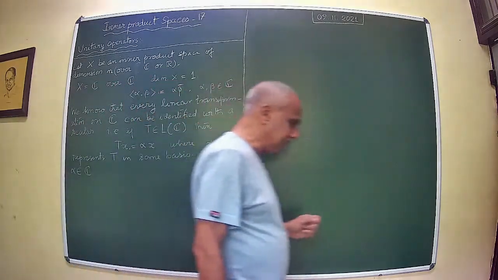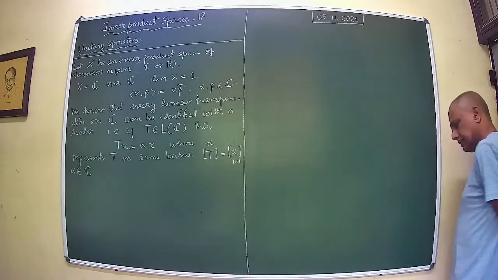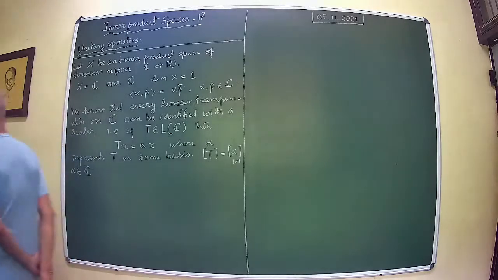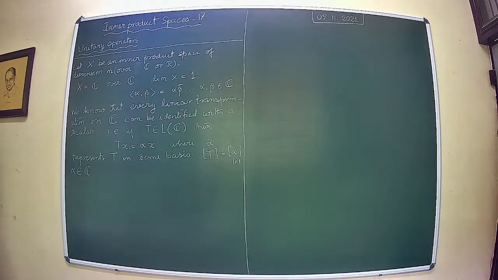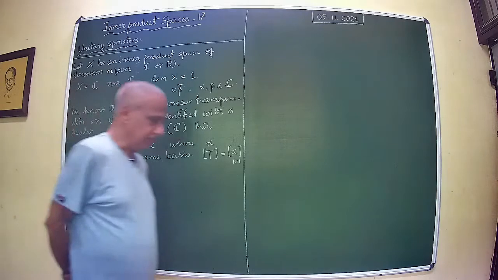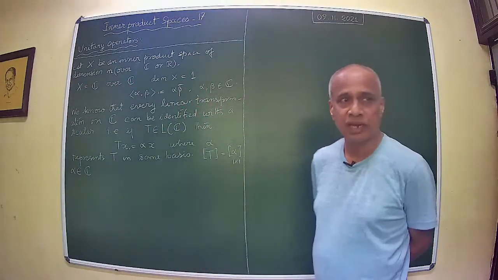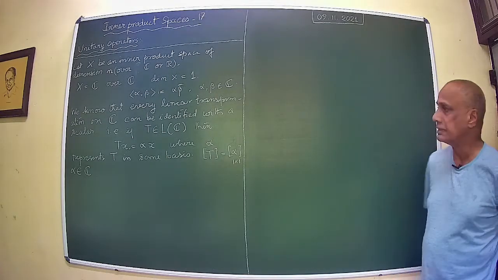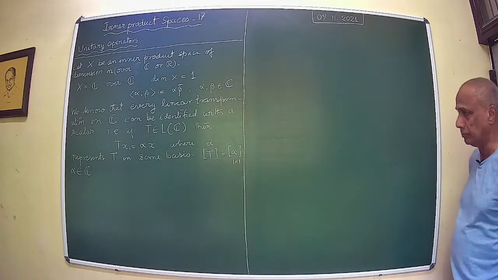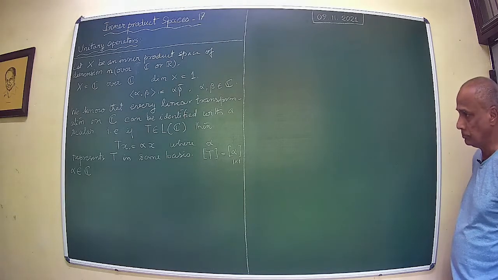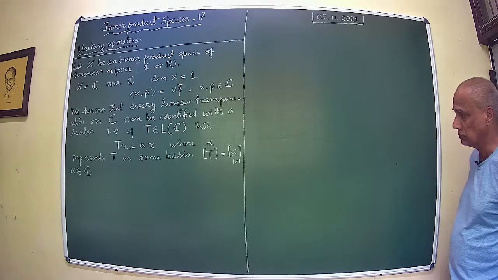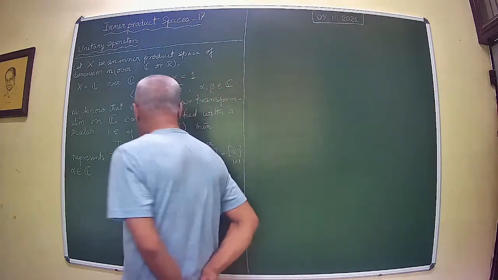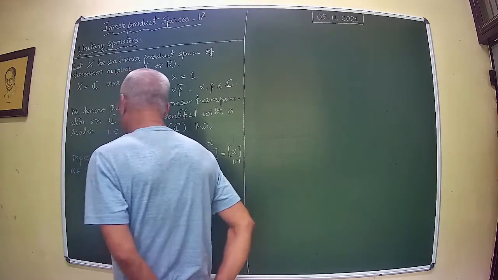So every complex number, once you fix the basis, represents a linear transformation, and the operation is defined by multiplication. Conversely, if you have a linear transformation and you fix the basis, then it is represented by a complex number.